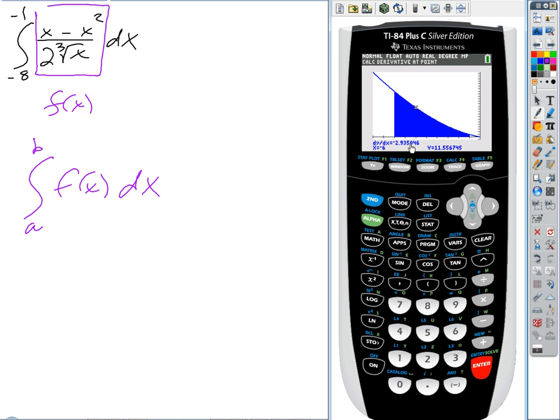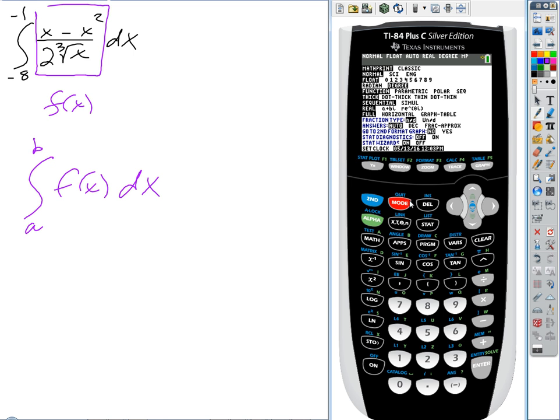It's gotta be the silver edition. Let's try one other thing. Aren't you gonna show us a better way to do this? Well, not a better way, just a different way.